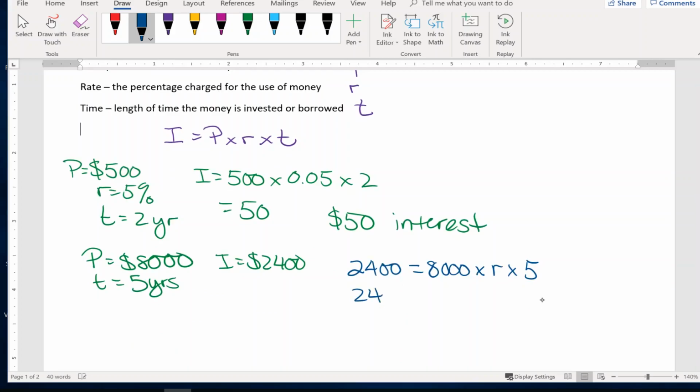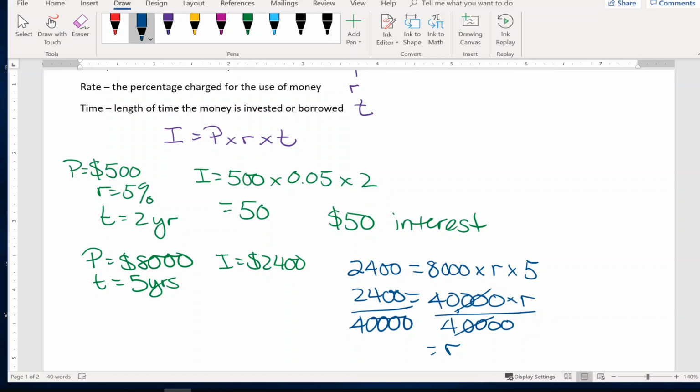So here we have 2,400 is equal to 40,000 times R. Now if we divide both sides by 40,000, this will isolate R on one side. So those cancel, and on our right-hand side here, we're left with R. And on our left-hand side, we're just going to divide 2,400 by 40,000 to give us 0.06.